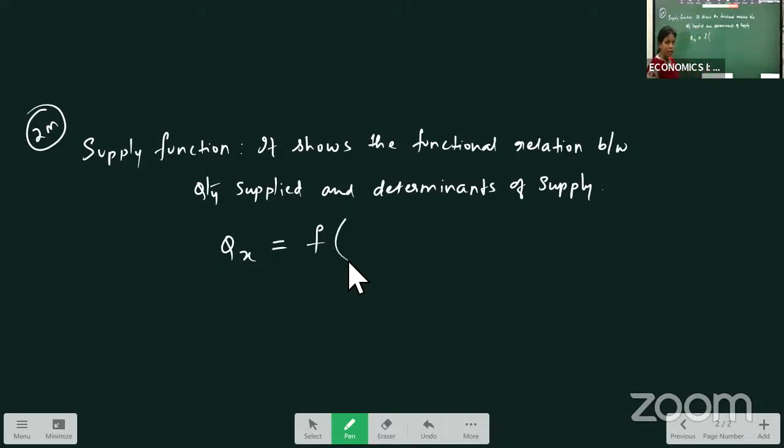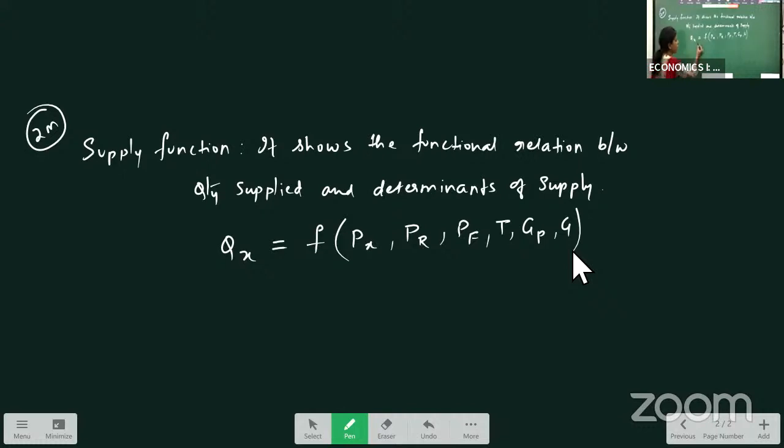Just now we have discussed the determinants of supply: price of commodity X, price of related goods, price of factors of production, technology, goals of producer, government policy. So all these factors are affecting the quantity supplied.